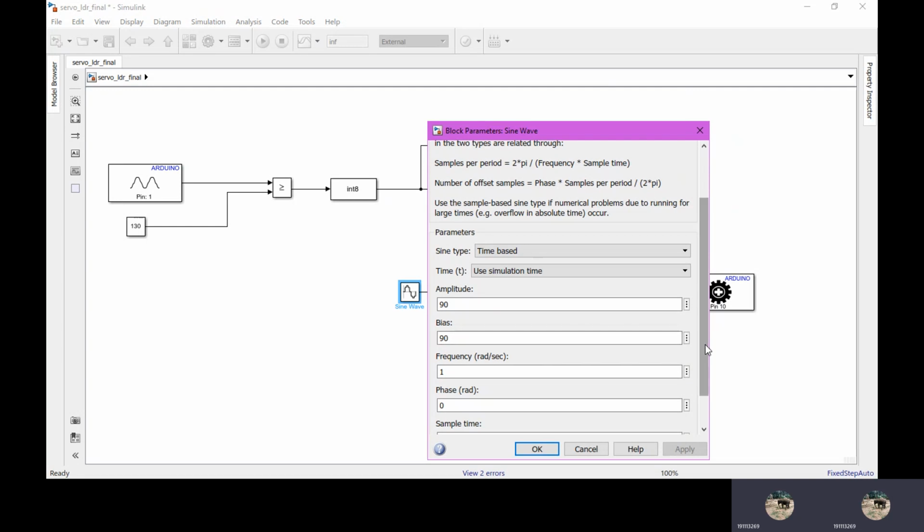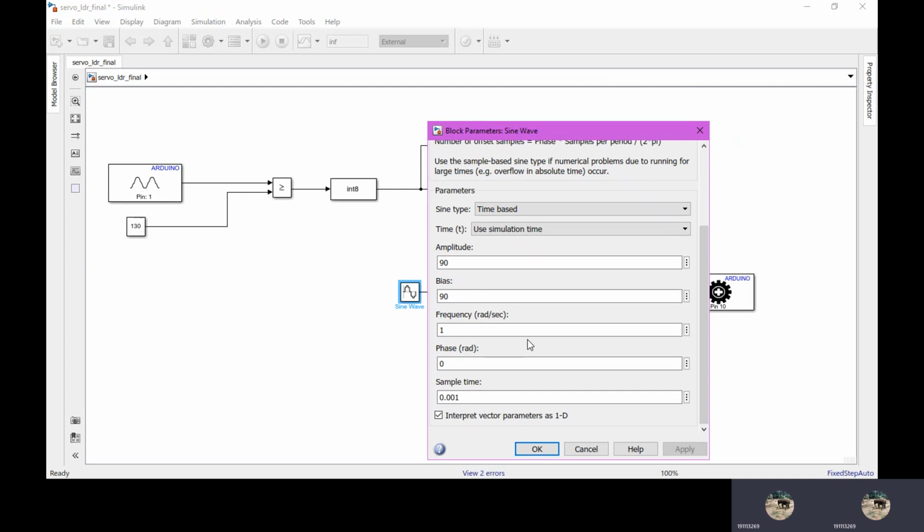It is according to your comfort. And frequency is 1 radian per second. It is a suitable frequency at which the servo rotates, as you will observe in the next video, in which I have demonstrated the physical implementation.